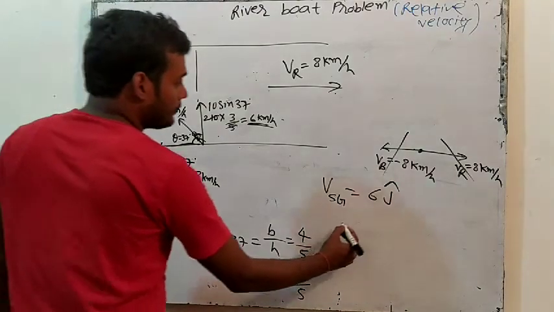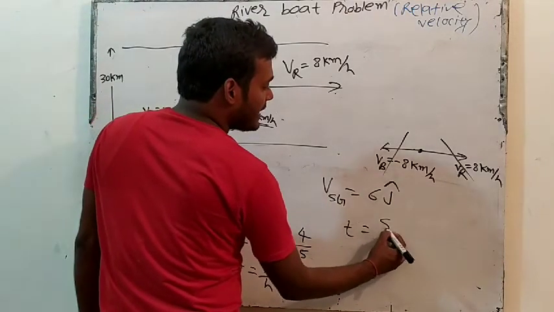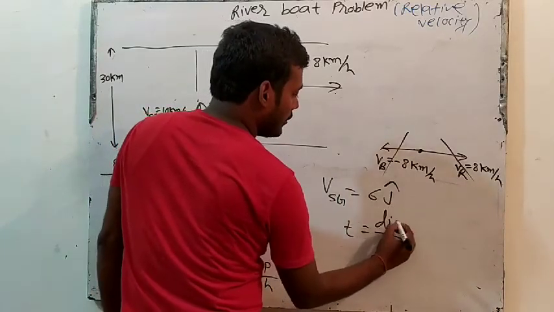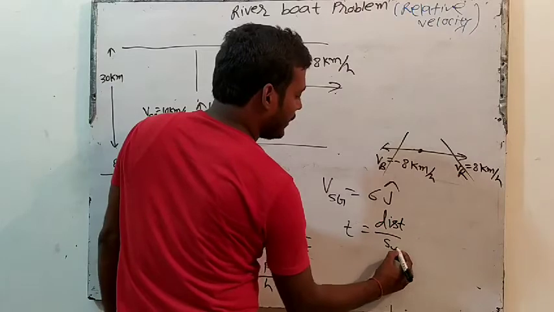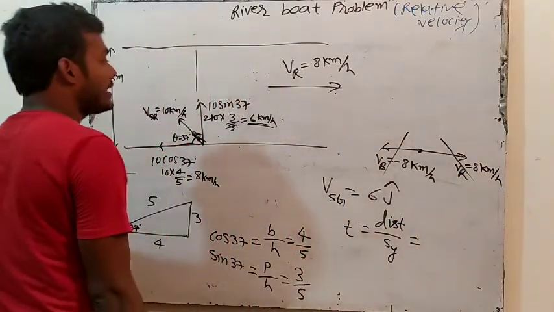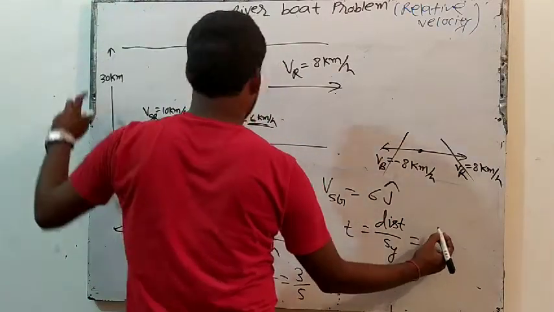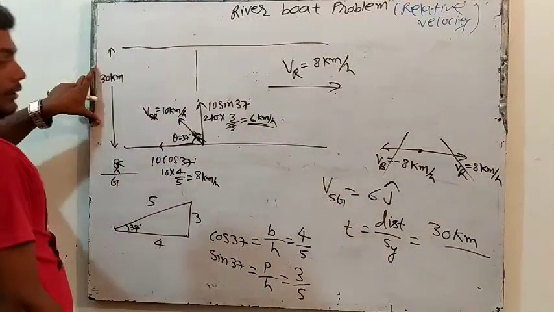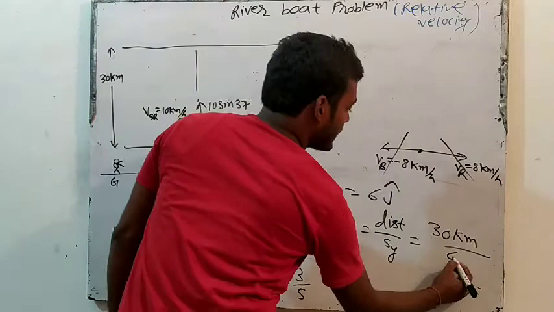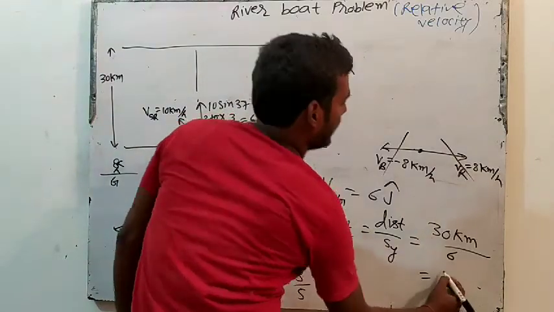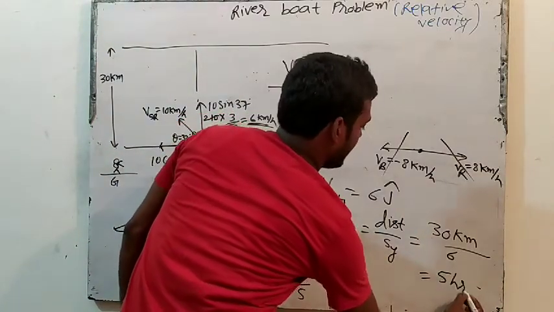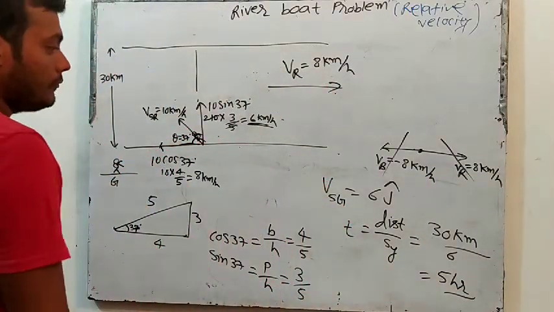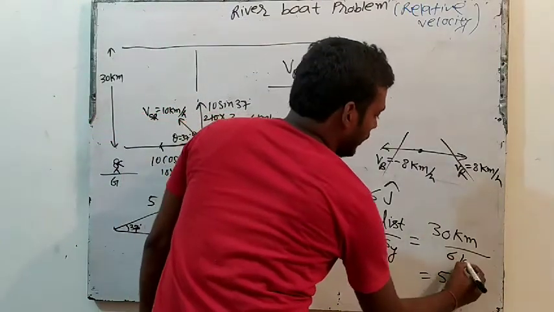Time is distance divided by speed in y direction. The distance is 30 kilometer, the width of the river, and the speed in y direction is 6 km per hour.